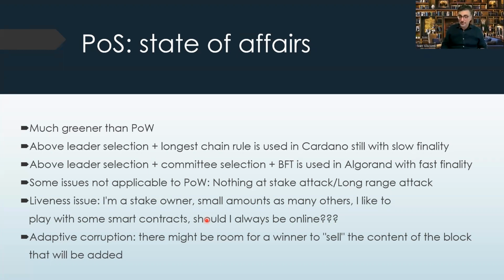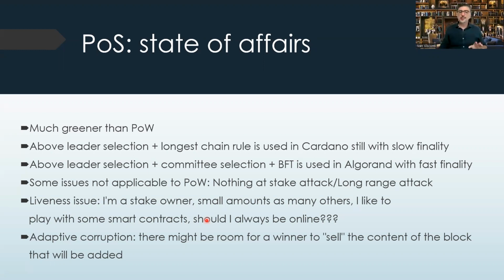Adaptive corruption. A winner of the lottery can say, I won the lottery. Somebody has money to give me in order to prepare a block that has some specific things that he likes. I will do it and take it.